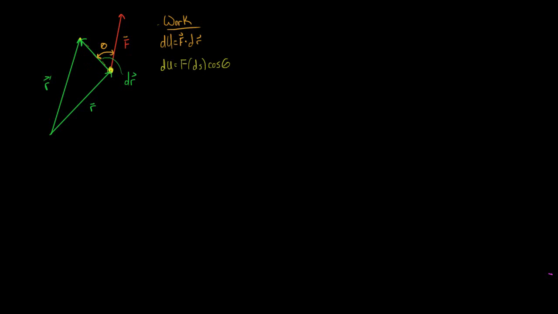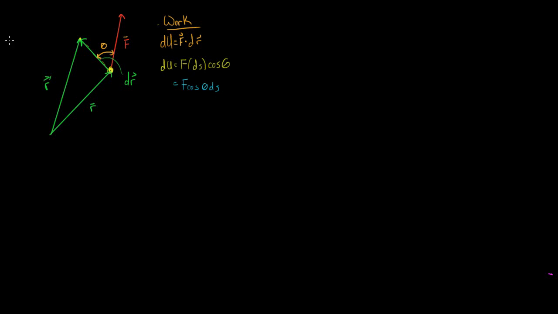Now, we can interpret this equation in one of two ways. We can think of it as the displacement in the direction of the force, so in that sense, it's the ds times the cosine of theta. Or we could think of it as the component of force in the direction of the displacement, which is F cosine theta ds.